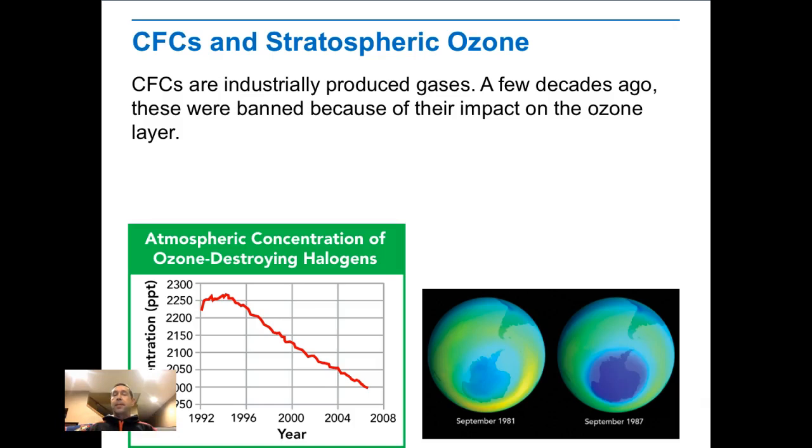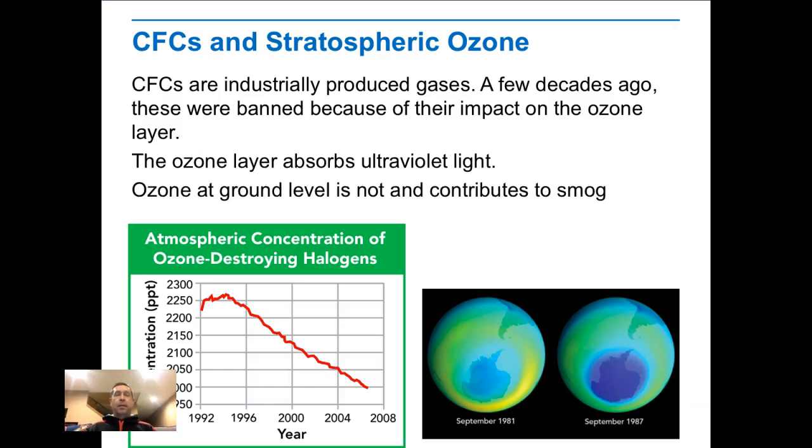And because it's a man-made chemical, it takes a long time to break down. Fortunately, most companies have banned the use of CFCs, and we're starting to see this problem actually get better. Ozone at the ground level is not a good thing, and it contributes to smog or air pollution.